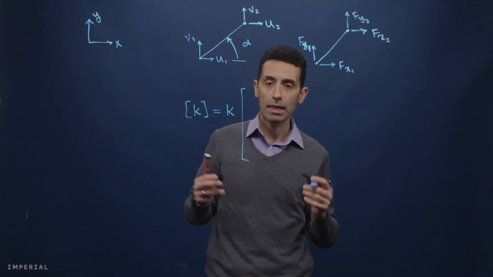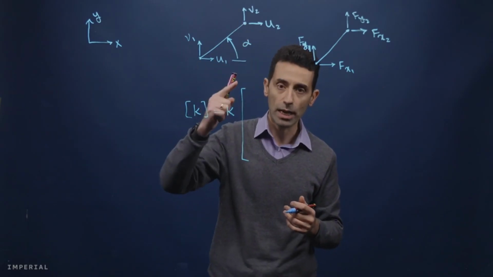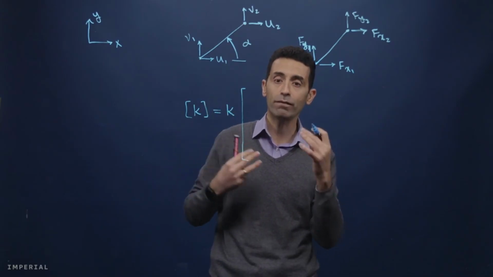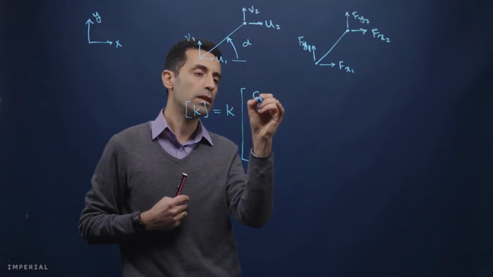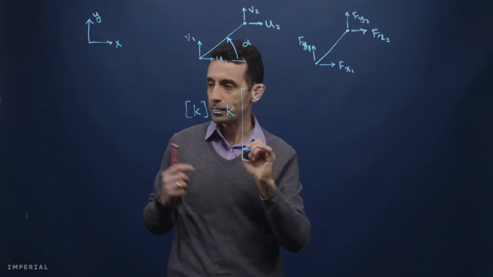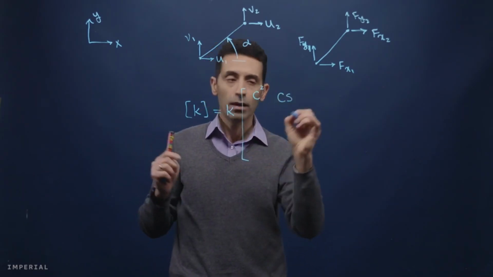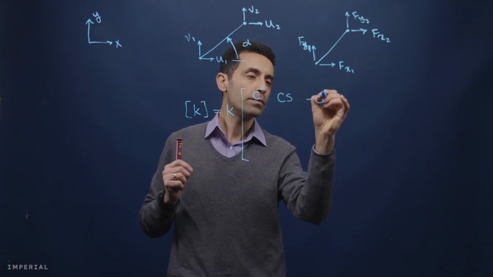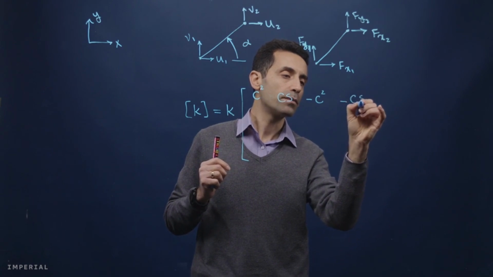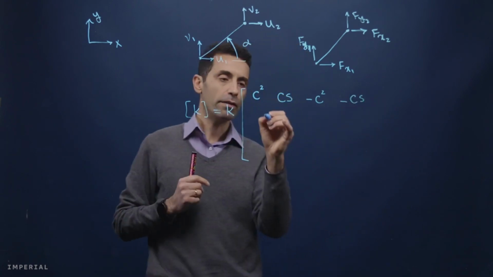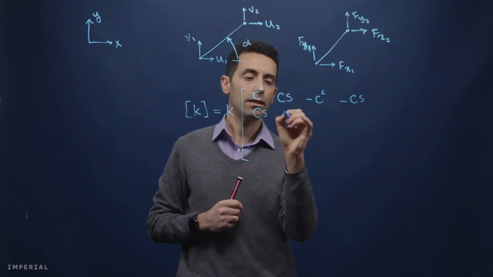Now this matrix is a 4x4 matrix because we have 2 nodes and each node has 2 degrees of freedom. So overall we have 4 degrees of freedom for this element. So here this will be C², CS, minus C², minus CS, right? And then we have the other elements of this matrix that I'm just going to add here.